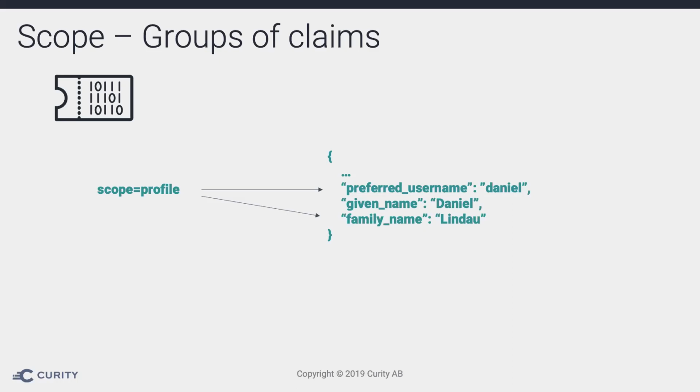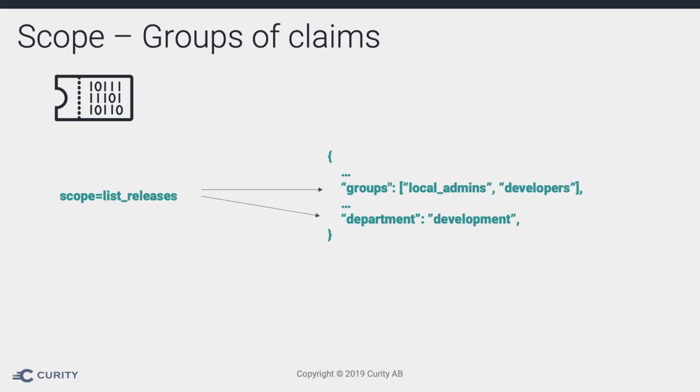In Curity, we like this idea, and so we took it to OAuth as well. So in Curity we can define scope groups that are custom. So in my case, where I have a client that is allowed to ask for the list releases scope, it's also configured to give me the groups and department claims in my token.